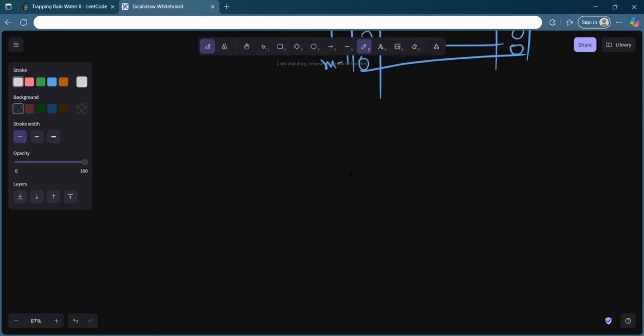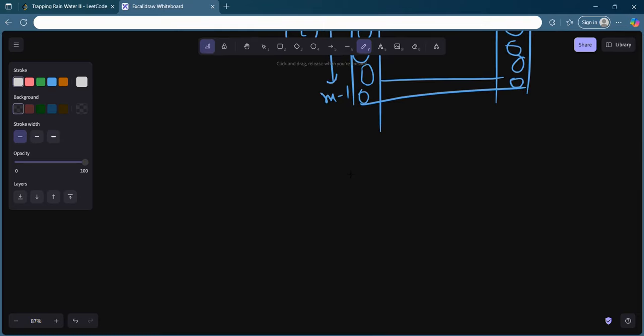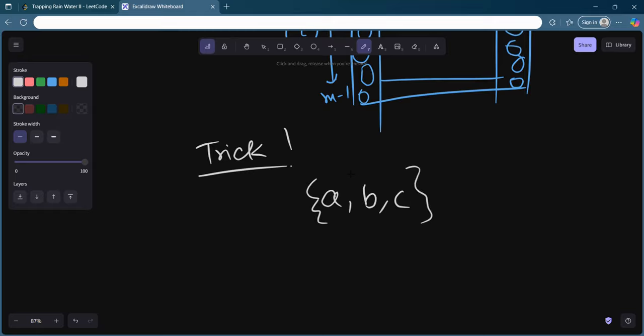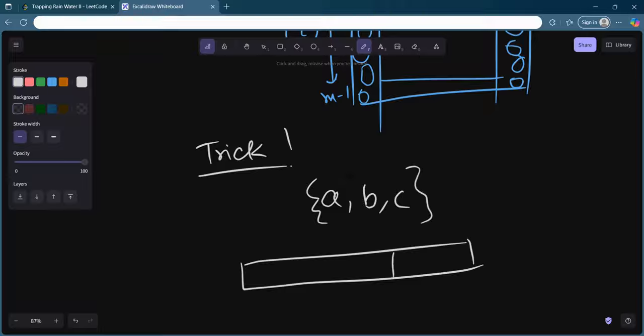So you see, this is nothing but 200. Okay, so it will be less than an 8-bit integer. So this is how you can store. This is actually a cool trick in bit manipulation also, how you can store three integers in one integer. Okay, so let's say you have a, b, c, you are storing this as the vectors, right? So what you can do, you take one single integer.